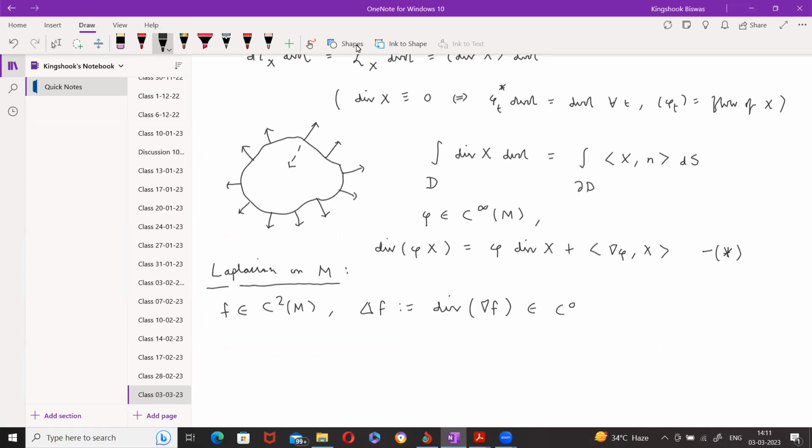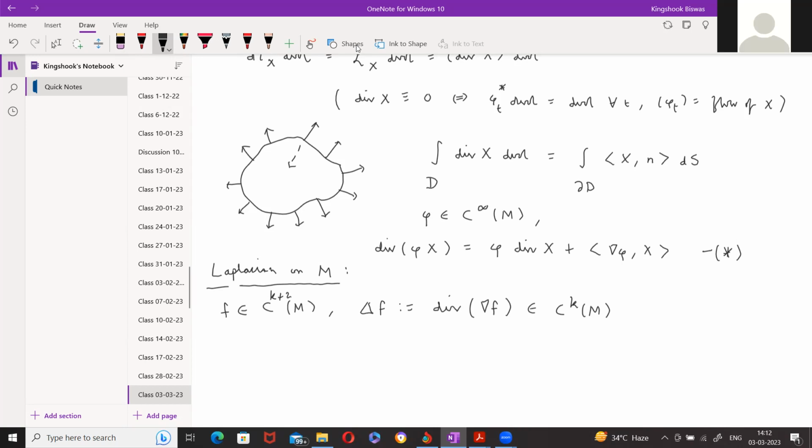Or in general, if you take f to be C^{k+2}, where k is non-negative, then the Laplacian will be a C^k function. Okay. Is this clear? Yes. All right.